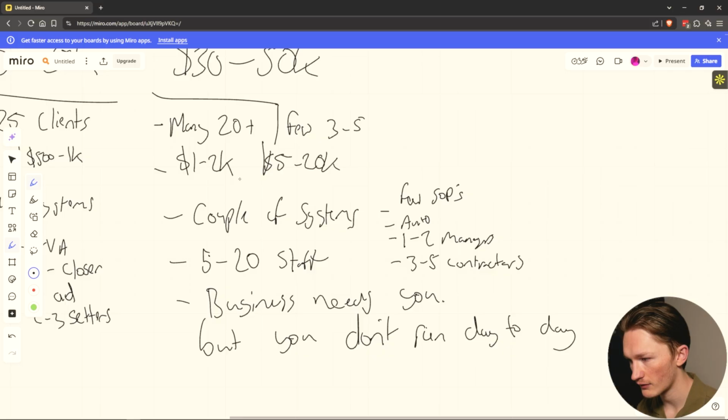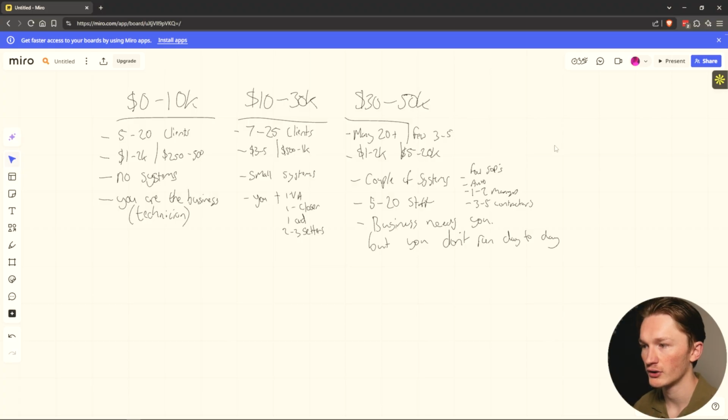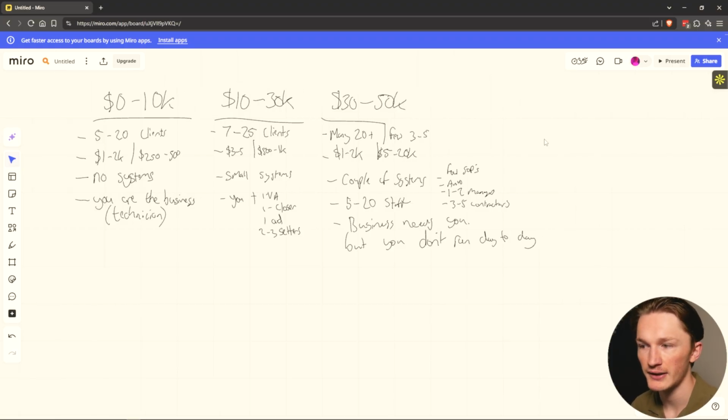So the reason that's important there is because we need to highlight the fact that obviously each different level will correspond to what level of systems you have in place and how many people you have. Although you don't necessarily need people nowadays because of AI and certain systems and certain setups. But let's now talk about how to go between each level.